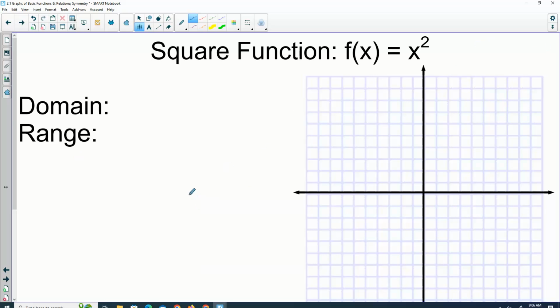We might, the first couple times we graph them, but we will do the same function so often I probably won't make this t-chart every time. So it's fine if you want to do it in your head. If you put in 0, 0 squared is 0. All right, if I put in 1, 1 squared. If I put in 2, 2 squared.